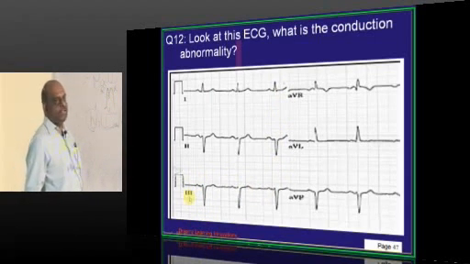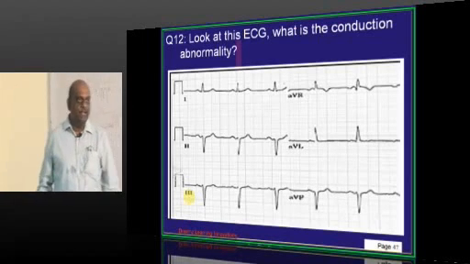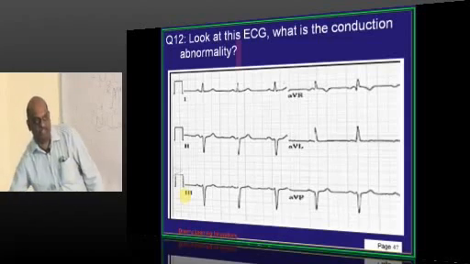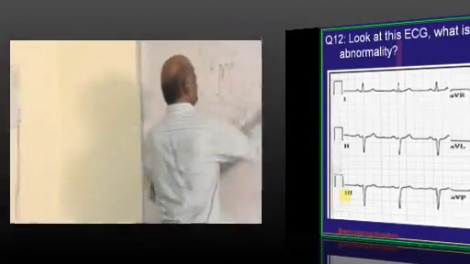You remember how to recognize left axis and right axis deviation? How is the normal axis? How is the left axis? How is the right axis? Let us quickly look into it.